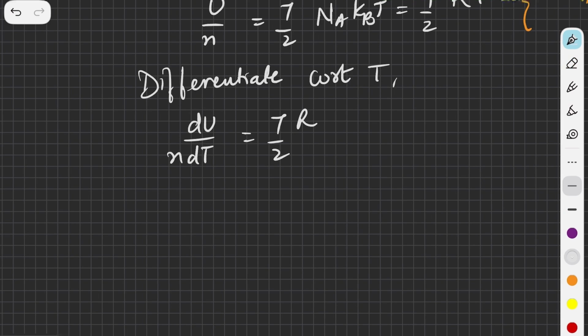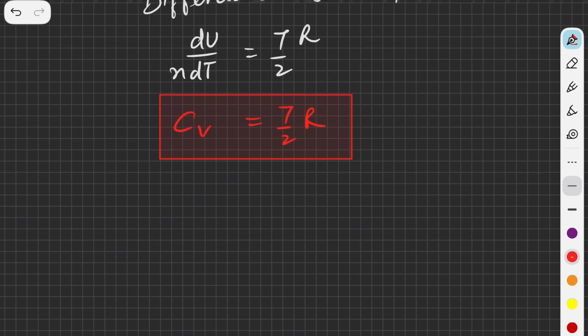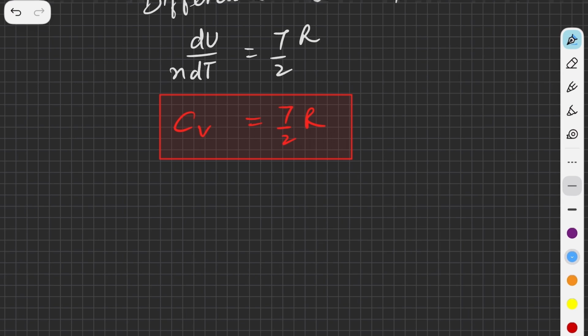Now if you observe this, this is nothing but Cv, which is equal to 7 by 2 R. Now let's use Mayer's equation.